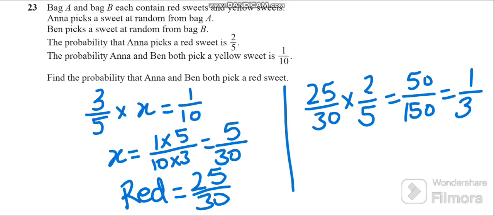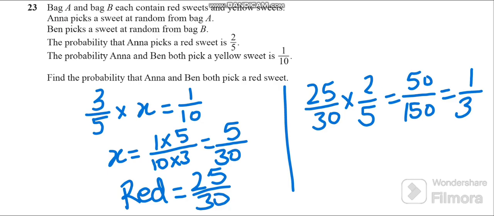So the probability for Anna is already given, but for Ben we have to calculate. We have the probability for both Ben and Anna picking a yellow sweet, which is calculated by the probability of Anna picking yellow multiplied by the probability of Ben picking yellow.